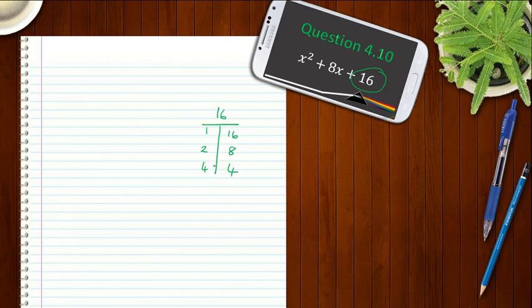Okay, and we need to get plus 8. So in order to get plus 8, these two together give me 17 or 15, and then these two give me either 10 or 6, and then 4 can give me 0 or 8. So to get plus 8 is when I add 4 to 4. So my answer then will be x plus 4, x plus 4.